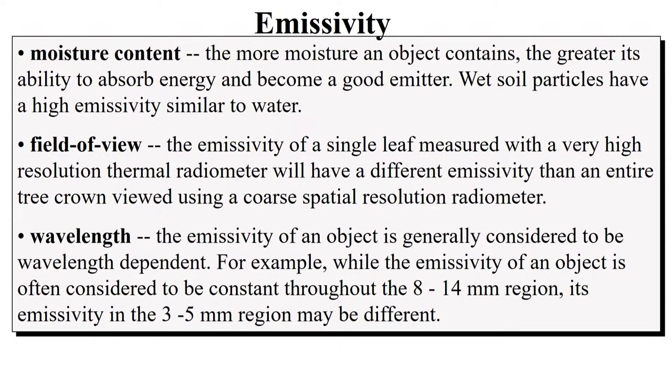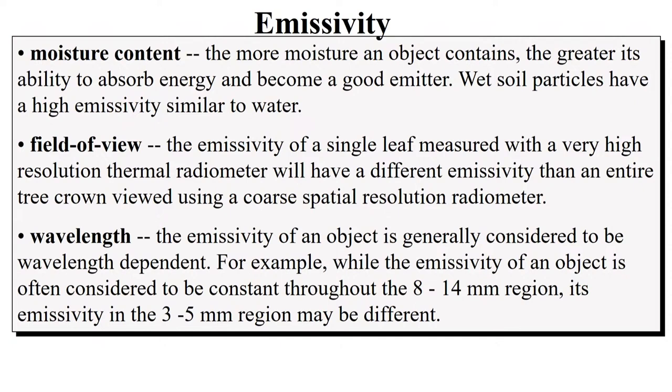In a small area for a single leaf, it is contributed mainly by the properties of the tree leaf, but when the entire tree is captured, the thermal emissivity will be contributed by the branches also. And if we are talking about a resolution cell of 100 meters or 60 meters, then there are several other features also, like ground, water, urban area, or any rock. They all are going to contribute to thermal emission. So at that time, the emissivity will be different.